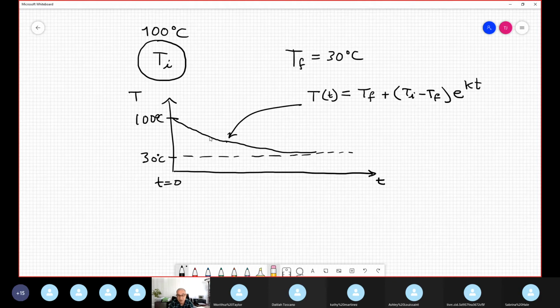This is the formula for the cooling process, Newton's cooling process formula. So the information that we need is the initial temperature, 100 Celsius degree, the final temperature, which is the temperature of the room, and we need to find the K. To find the K, we need, exactly the same, a condition. We have condition 0. Condition 0 is the initial.